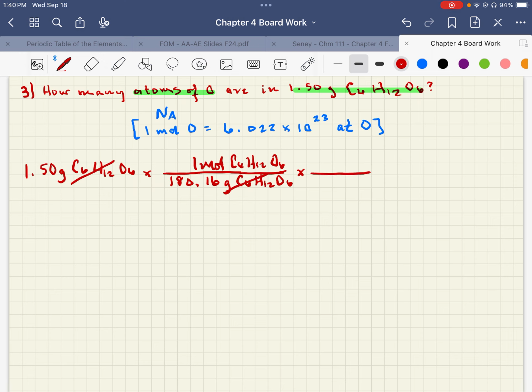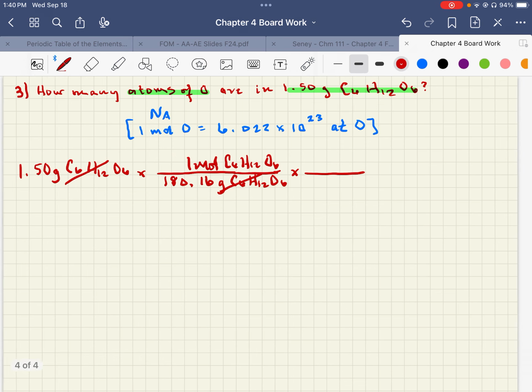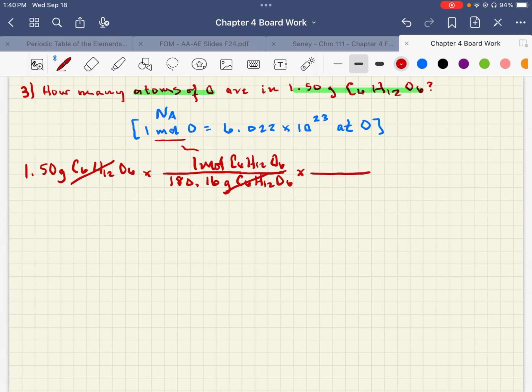If we were to stop right now, we would be in moles of C6H12O6. We've got to get to moles of oxygen so that we can get to atoms of oxygen. So for every 1 mole of this whole compound, this is our chemical formula conversion, for every 1 mole of C6H12O6, there are 6 moles of oxygen. If we stop right now, we're going to be in moles, and we've got to do this last step.